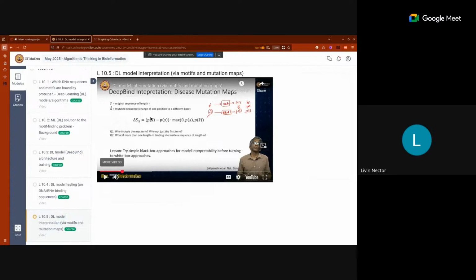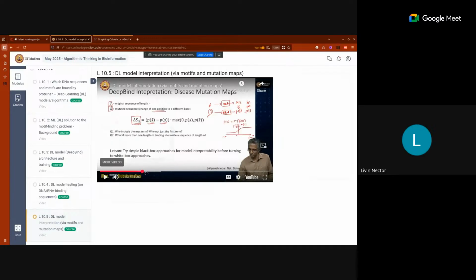If both are low, then we don't weight the difference much. If one of them is high, we weight it with the highest probability. Even if this probability is low and this probability is high, then we will have a higher significance. That is the effect we are trying to find.